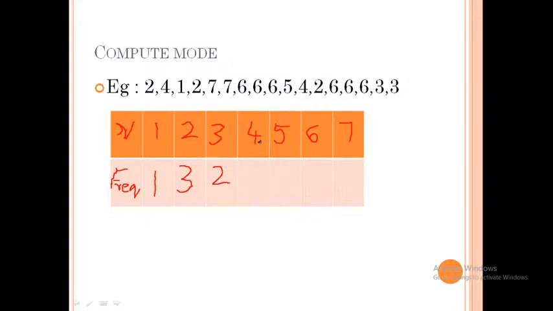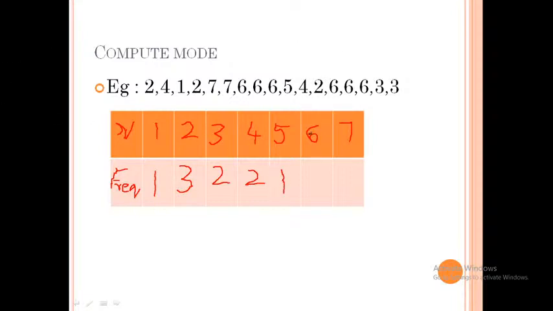Now next is 4. Let's check how many times it is repeated: 1, 2. So the frequency of 4 is 2. Now we'll go for 5. We'll check through the variables how many times it is repeated. That is only 1 time.